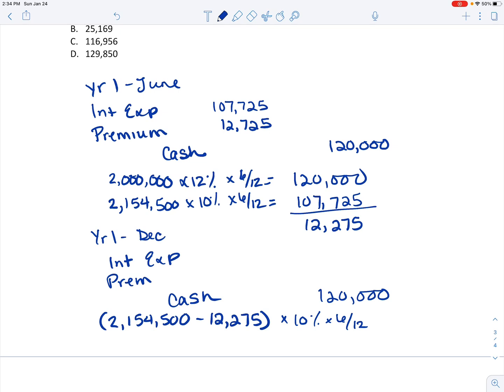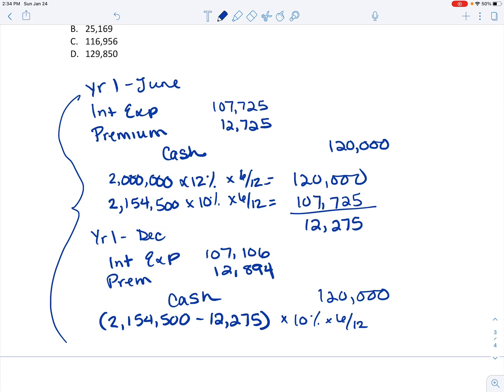That should give us 107,106, and I'm rounding a little bit here, which would then give us a premium amortization this year of $12,894. So as you can see, just like we did in all of the homework problems, sometimes we have to do all of these journal entries to get to where we wanted to be. So we're not there yet.